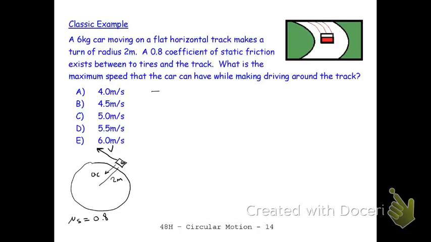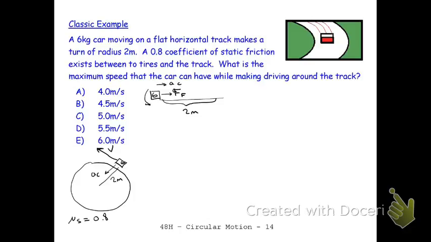Again, draw it from the side. That's going to be 2 meters. This is going to be FF. And this is going to be AC. And that's 6.